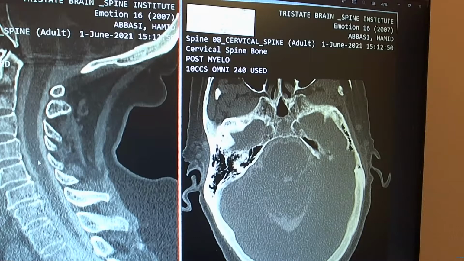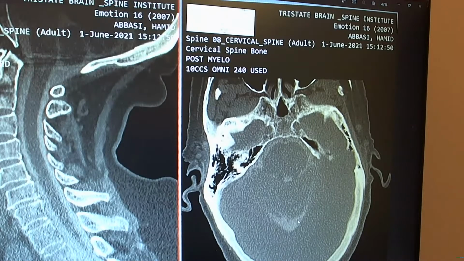Now let's go to that. We are looking at the CT myelogram of the cervical spine in the sagittal and axial view. As a matter of fact, you see some of the contrast in this structure here. It's almost a budding, almost like a crescent shape.